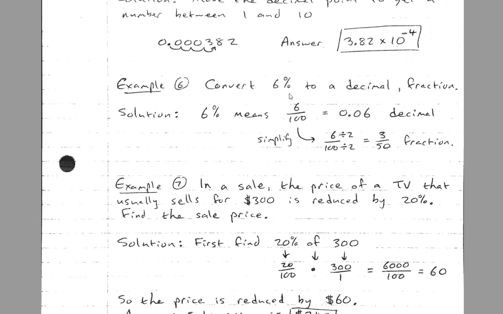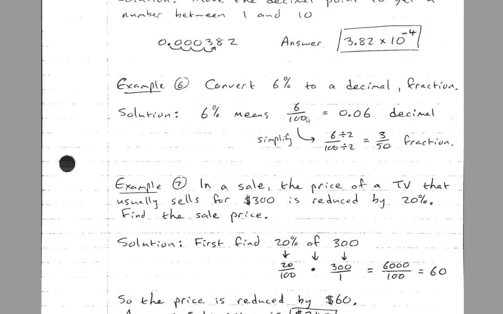Okay, and the last thing we looked at in chapter 4 was percents. In this example, convert 6% to a decimal and a fraction. Certainly any percent as a fraction means that number divided by 100.